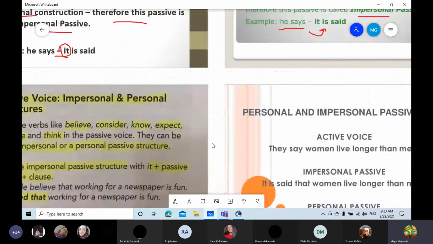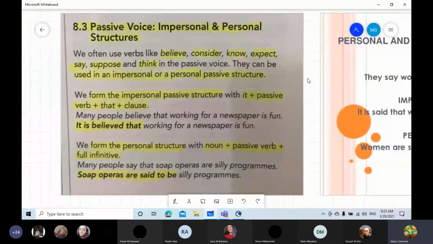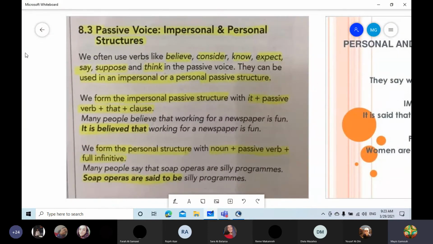Let's go to the most important slide here, which is in your books, as I told you, on page 171. Let's discuss it together. But before that, I want to ask you a question. Why do we use the passive voice, the impersonal and personal structures?